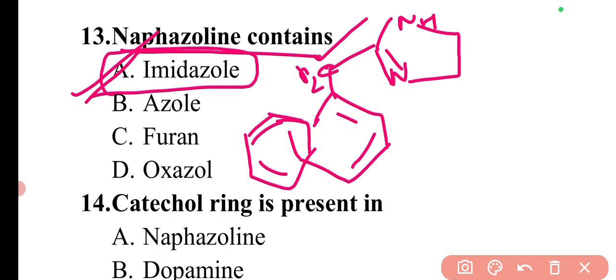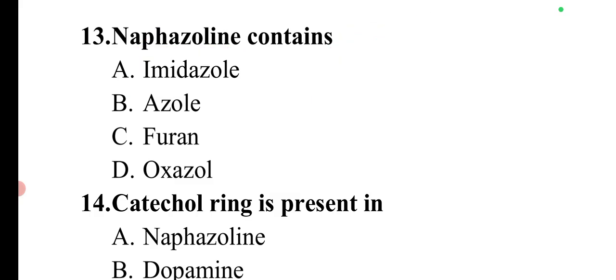This is the basic structure, having a naphthalene moiety as well as an imidazole moiety. So either the question can be asked from the IUPAC name, or sometimes from the basic ring nucleus, which basic ring is present there. That can be asked. Then we can move to the next question.